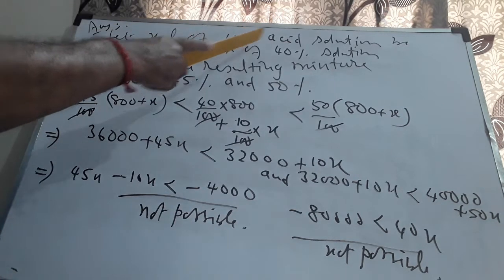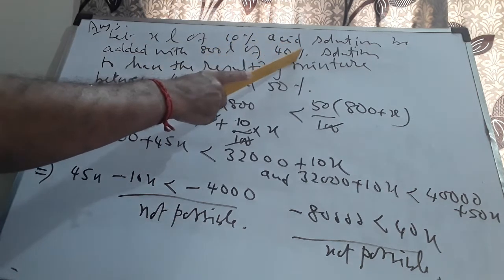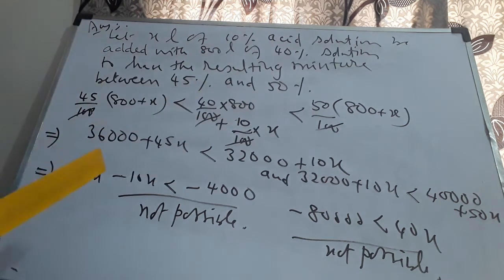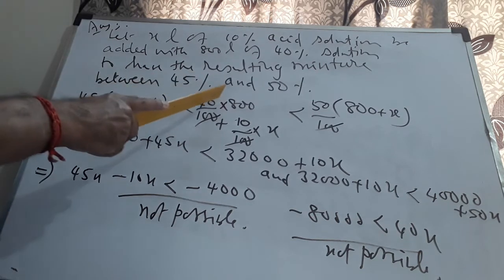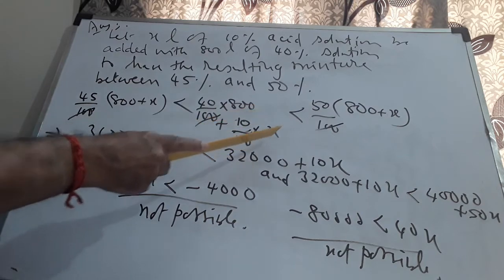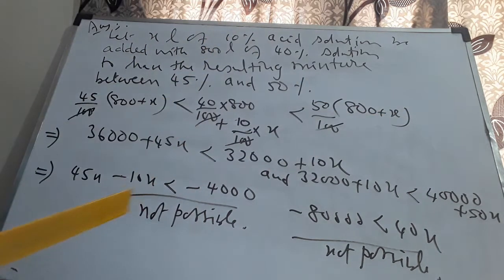Let x liters of 10% acid solution be added with 800 liters of 40% solution. Now 45 by 100 of 800 plus x less than 40 by 100 of 800 plus 10 by 100 of x less than 50 by 100 of 800 plus x.